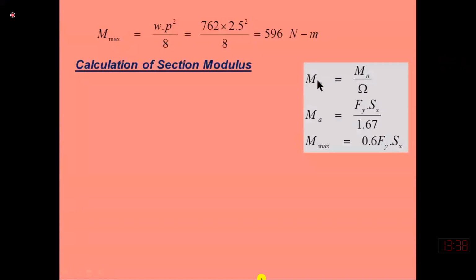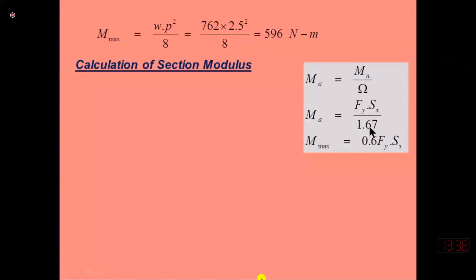So I am comparing MA, the applied moment, and MN, the capacity. Nominal capacity is divided by the factor of safety in the ASD method. Nominal capacity is equal to Fy into section modulus, and we know the factor of safety in ASD we are using is 1.67.